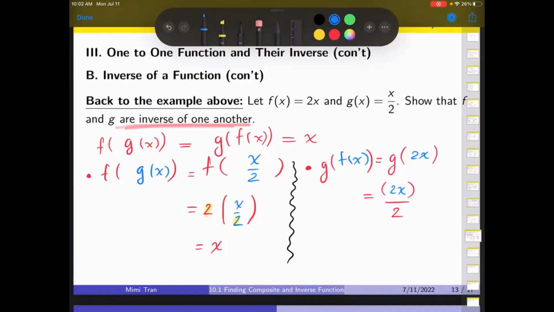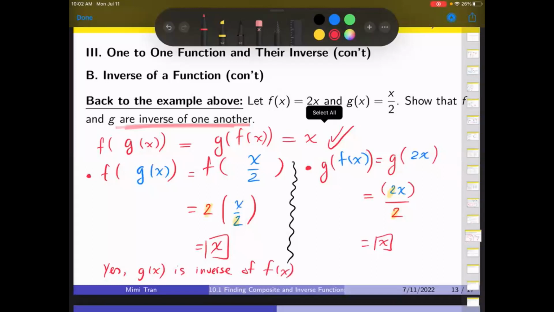The 2 cancels, equal X. So yes, you just proved F and G are inverses. That means you can denote G of X as F inverse.